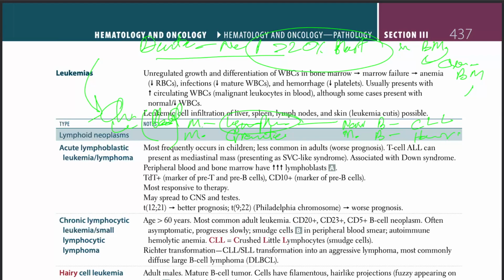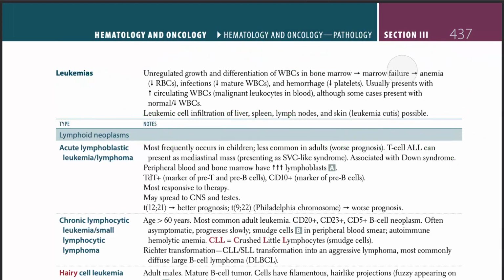Now, enough of the B cell. Let's talk about the T cells. If you have the mature CD4 positive T cells, you can form two things: ATLL and mycosis fungoides. We talked about it in the previous section, but we will also go through it together today. So these are the chronic leukemias. This is just background information.